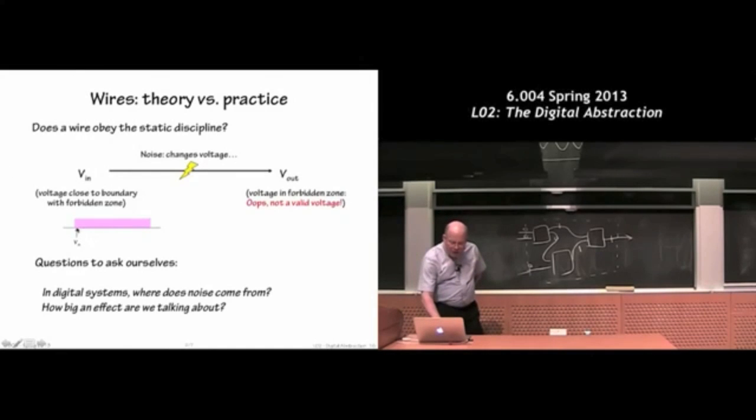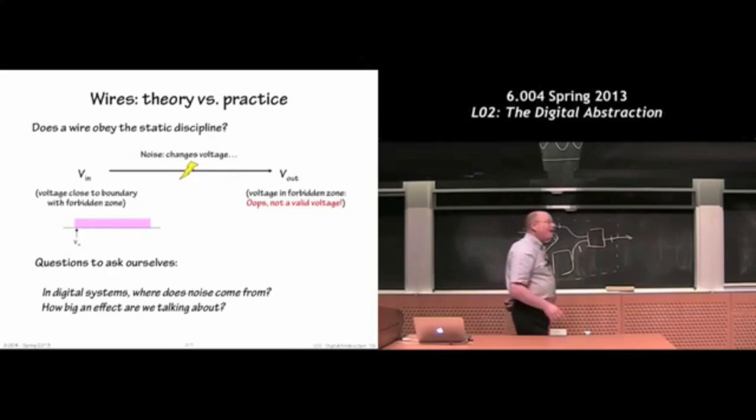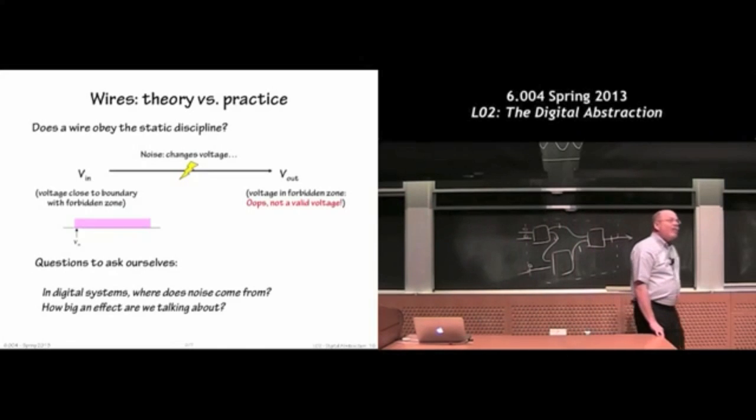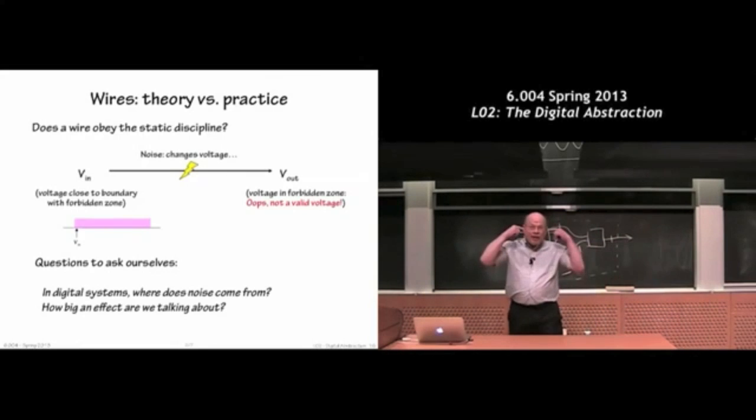He's moved over a little bit because of noise, and now he's illegal. In other words, the poor wire is being victimized by the noise, and it can take a legal input voltage, but because of the things that happen between its ears, what comes out isn't quite right, isn't valid anymore.